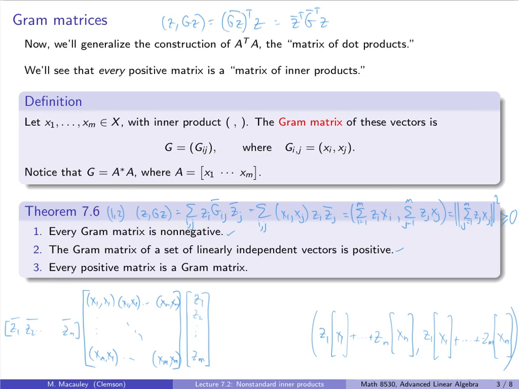Well, you use bilinearity and you break this up into n squared terms. And the terms are going to be the inner product of zi xi with zj xj. And using the definition of the inner product, what we are going to get is zj xj, these are bars, and this should be a transpose, with zi xi.